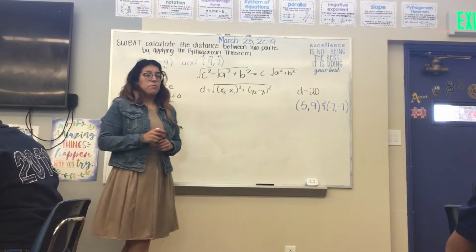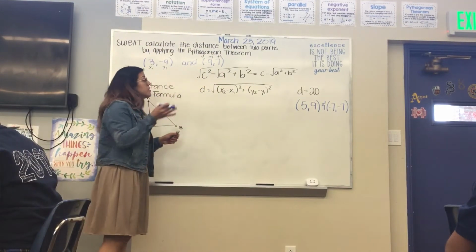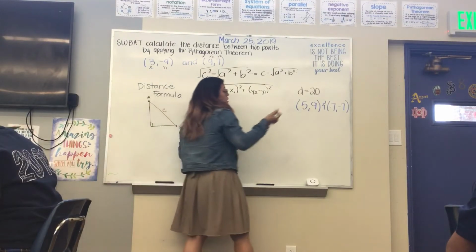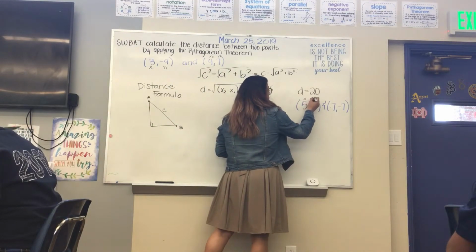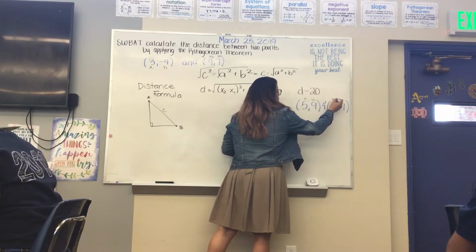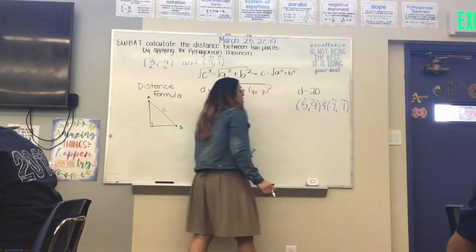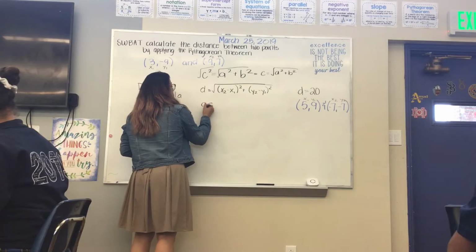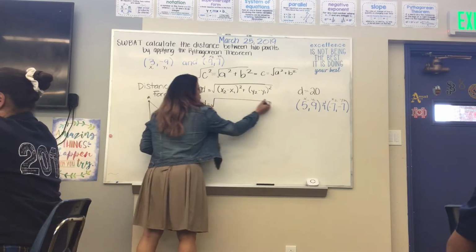Okay, before Victoria comes up here, let's start some of it. Always begin by labeling it. It takes you a couple seconds and it'll save you a headache at the end. So I'm gonna begin with what I know doesn't change.